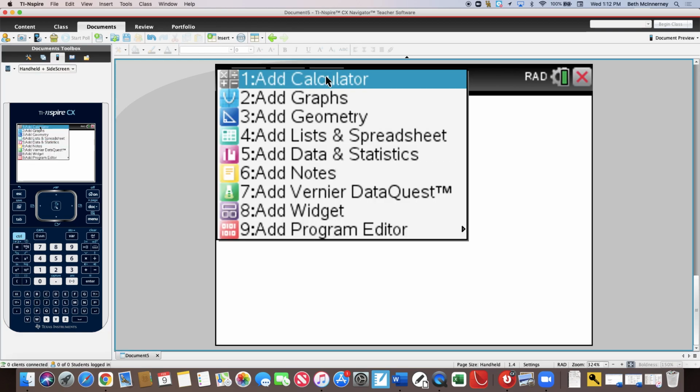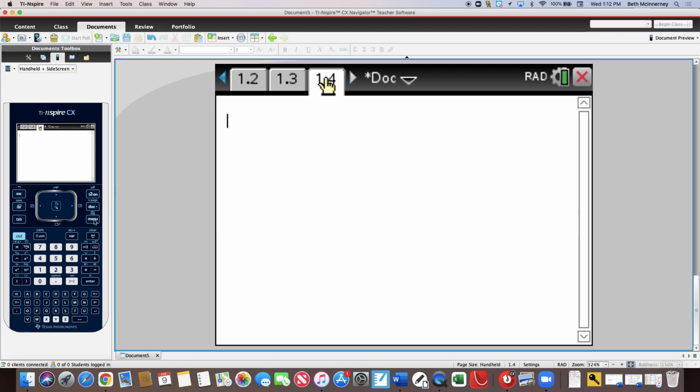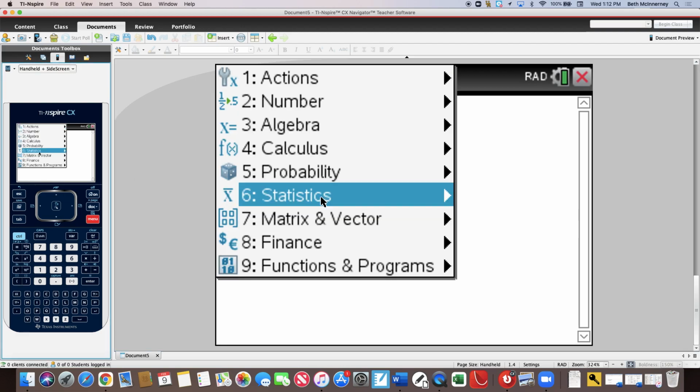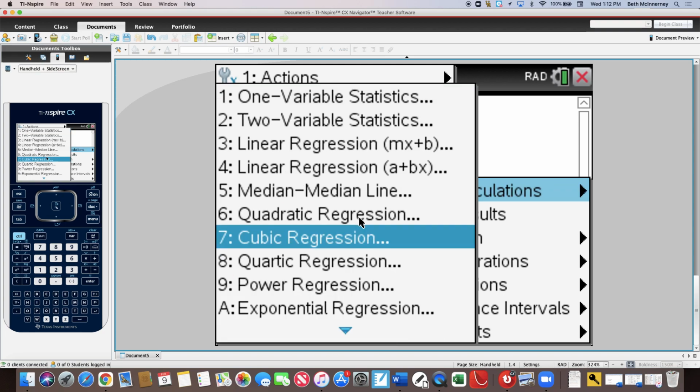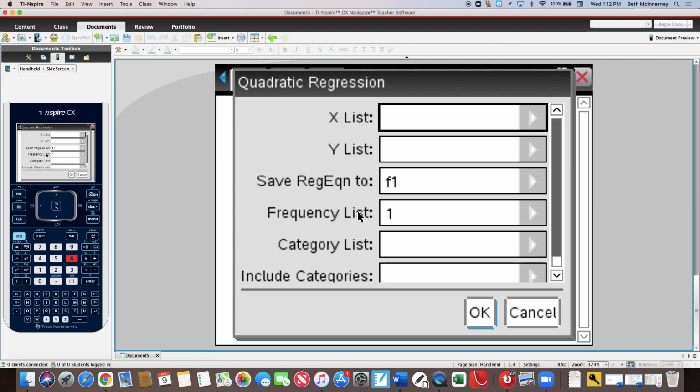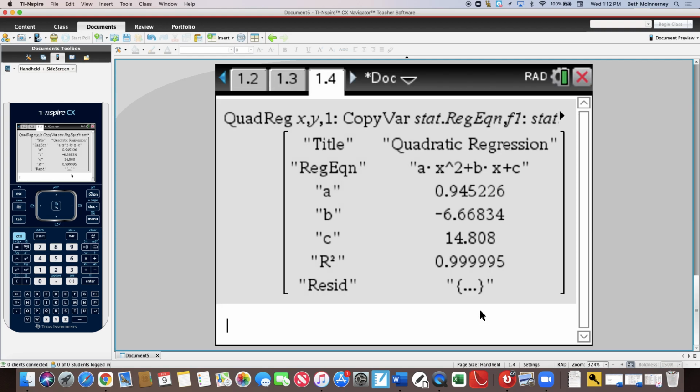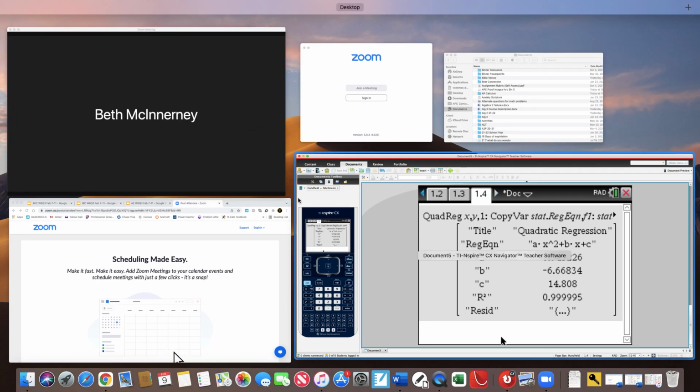So I want calculator, sorry. And now do Menu, Statistics, Stat Calculations. And I wanted number 6. Just put your X and Y in. Ooh, 0.999995. That's outstanding. That is excellent.